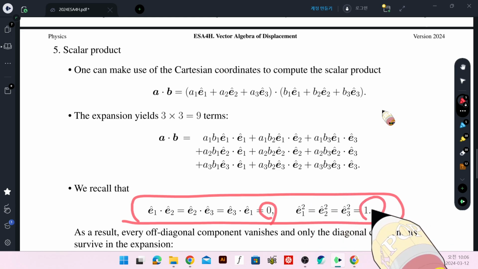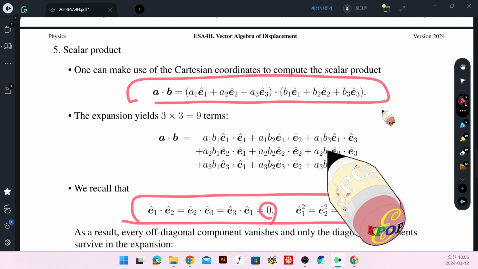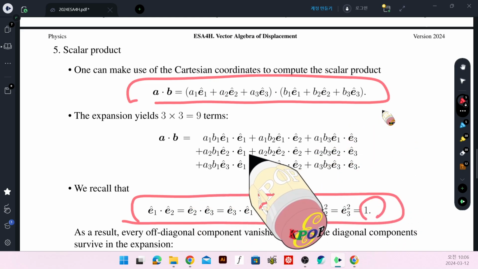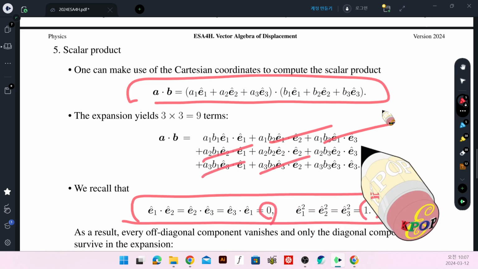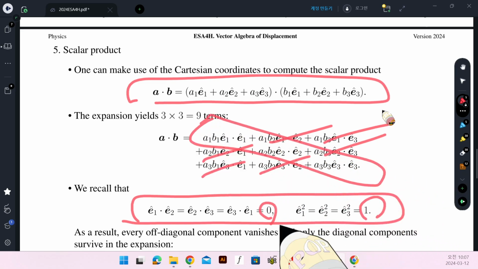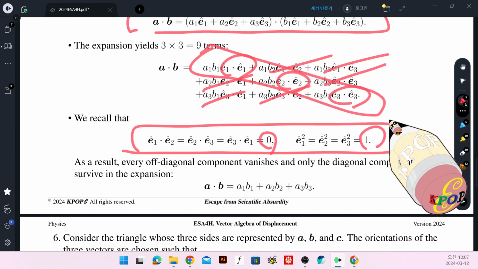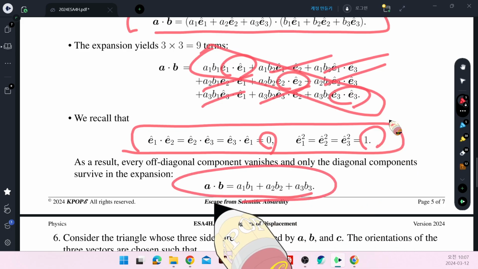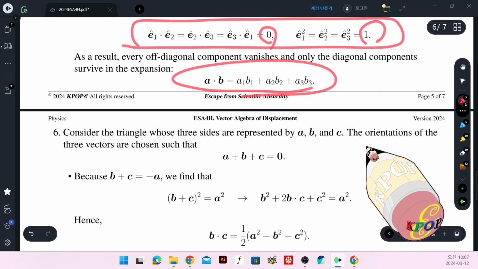As a result, the scalar product in the Cartesian coordinates becomes greatly simplified because any off-diagonal components completely vanish, and only the diagonal components remain, and these are all 1. As a result, our final result is very, very simple. This is one of the reasons why we use the Cartesian coordinate system. It's a great achievement that they got.